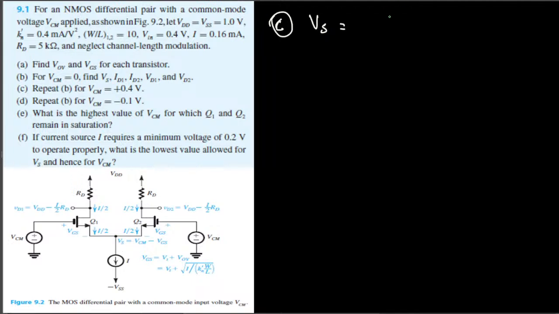The equation is already there, so I just plug it in: VCM minus VGS. VCM is provided, that is 0.4, and VGS I found in the A part of the question to be 0.6. That gives us negative 0.2, and that is our VS.